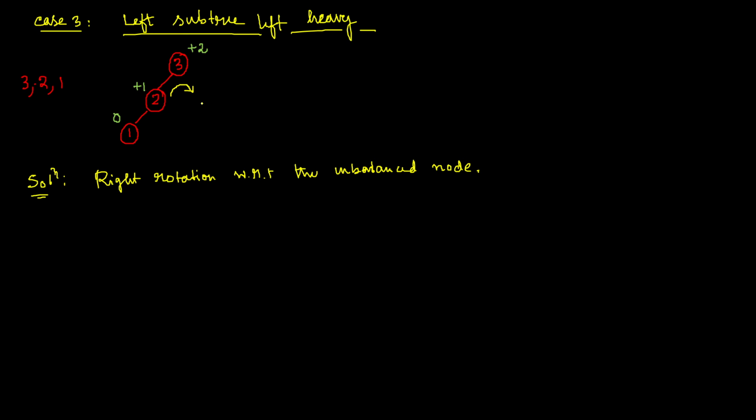This 3 will come downward and 2 will go upward, and so the situation will become something like: 2 will come upward, similarly 3 will come on this side, and we will have 1 on this side. 0, 0 and all 0. The same situation we can find.